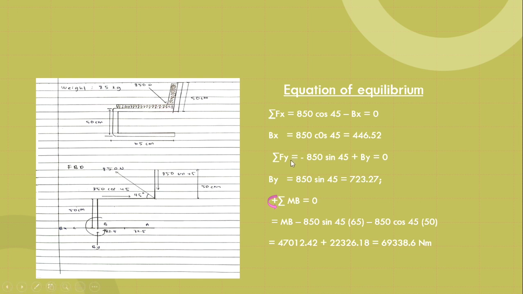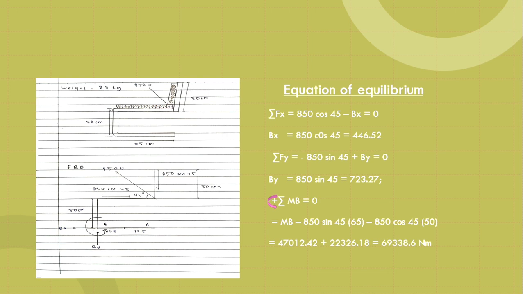And for sigma Fy we use the negative because it's a different direction, so we use negative. And we use sine because it's at the y axis. So we got the By equal to 850 sine 45 degree equal to 723.27.